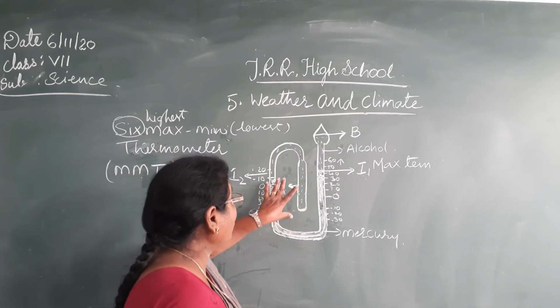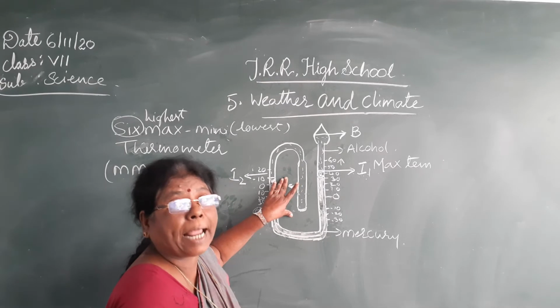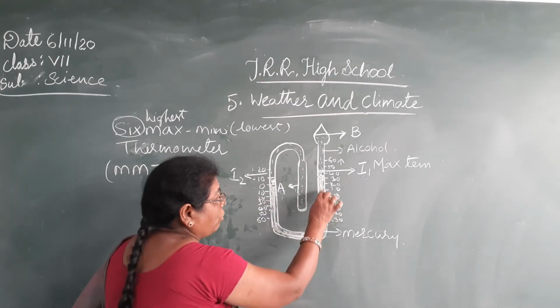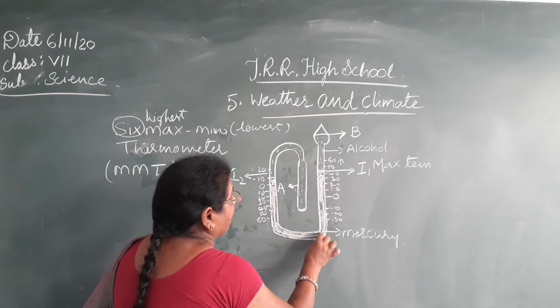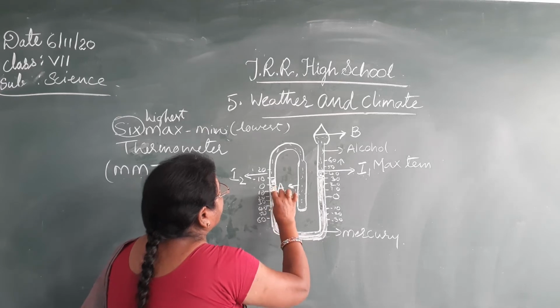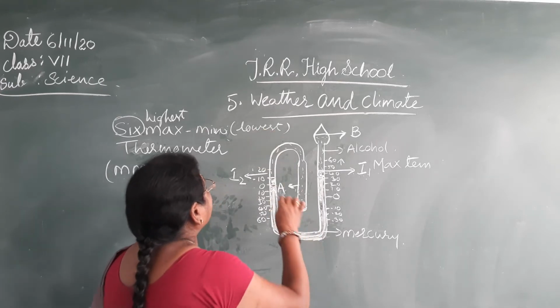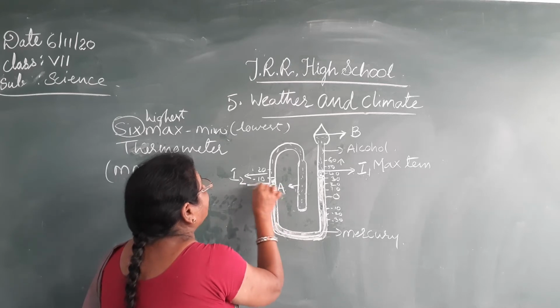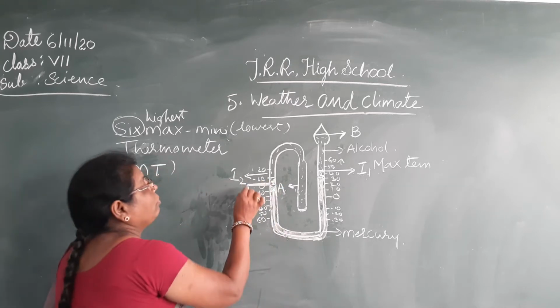Now, when the alcohol in the bulb contracts, what happens? The mercury in the bulb B side moves towards the bulb A side, and the indicator I2 also moves up, which shows you the minimum temperature.